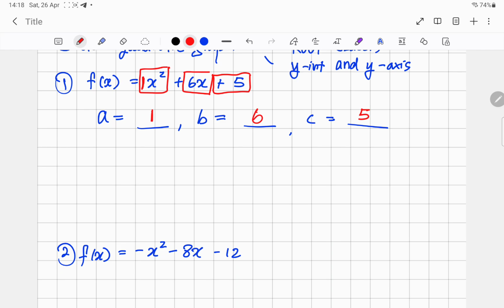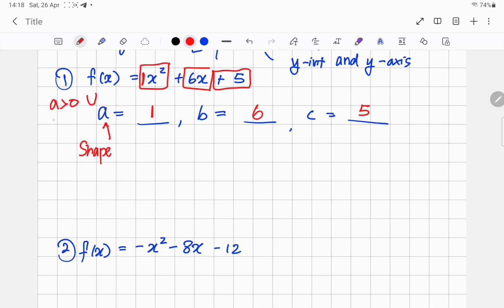So 1, 6, and 5 are A, B, C. The shape is determined by the value of A. As I said in the previous video, if A is a positive number greater than 0, it's a smiley face. If A is smaller than 0, it's a sad face. This is a positive number, so you will have a happy face. So your shape is a happy graph.